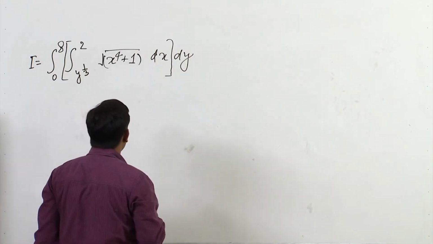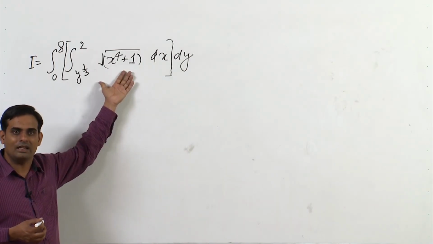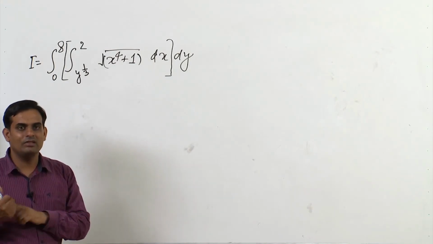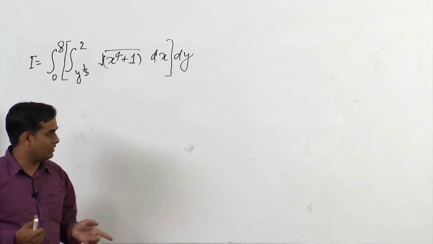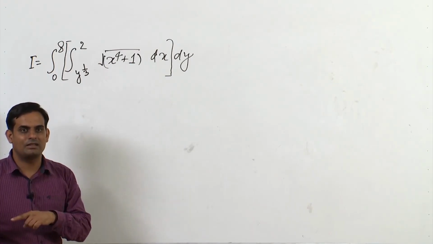Changing the order means, let us do it first with respect to y, and if you are doing it first with respect to y, then you need constant limits for x. So I need to change the direction of the strip.